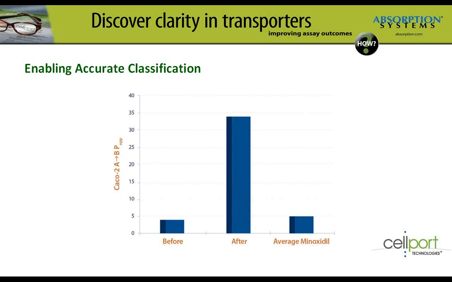In our test system, in order to qualify as a highly permeable test compound, the Papp must be greater than that of a co-dosed internal standard, which has a Papp value of around 4 to 5. Implementing these procedures enable accurate Papp classification and actually reveal that this is a Class 1 compound. This is only uncovered when these procedures are taken.